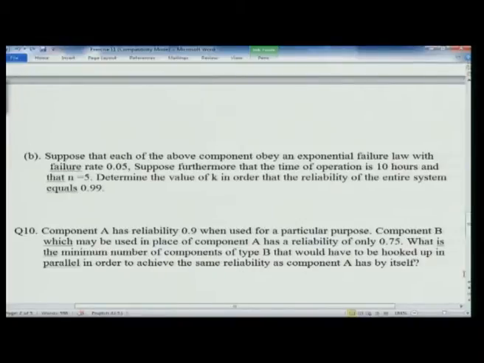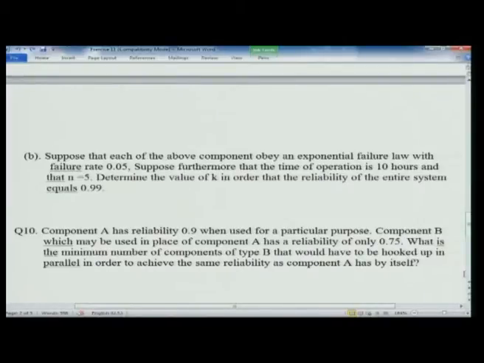Now suppose that each of the above components obeys an exponential failure law with failure rate 0.05. Suppose furthermore that the time of operation is 10 hours and that n is 5. Now I have given you the numbers, and determine the value of k in order that the reliability of the entire system equals 0.99.